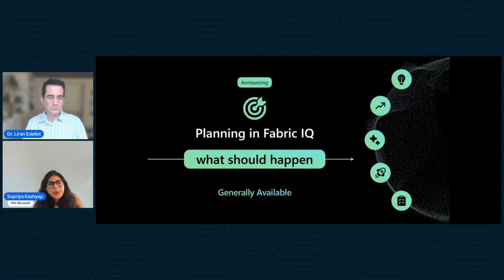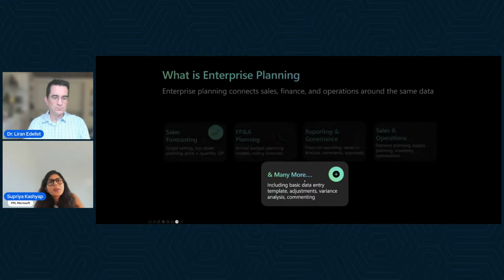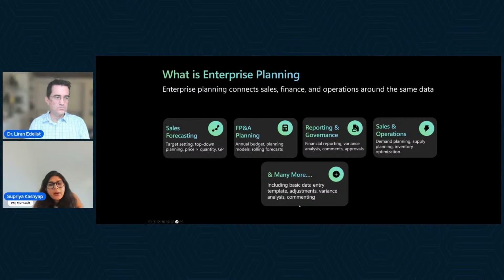But before I do that, let's see what is enterprise planning. Let me ground planning for anyone and everyone who doesn't live in a finance world. Now, enterprise planning does a lot of things. It connects sales, finance, operations, different functions within an organization around the same data.